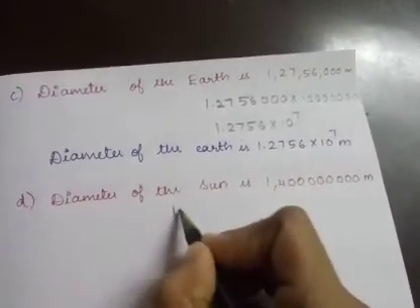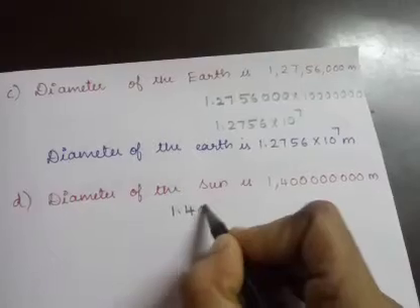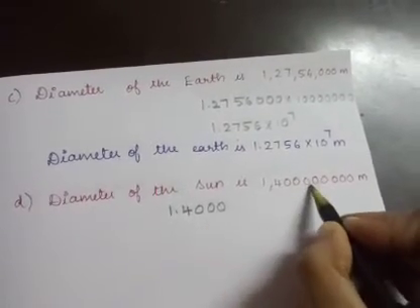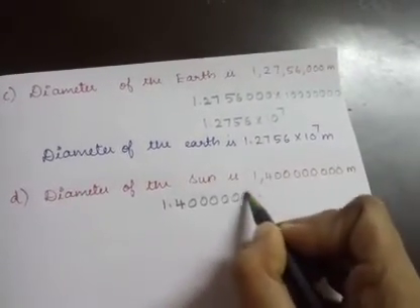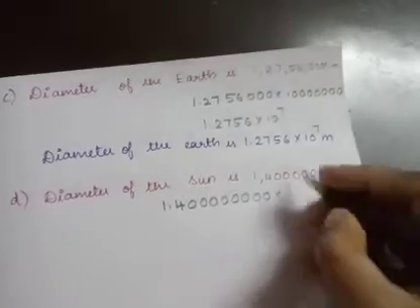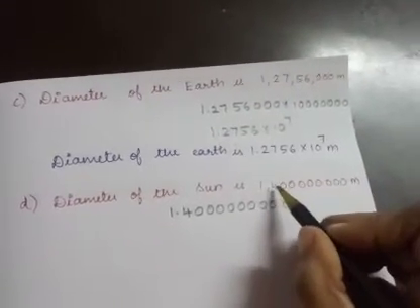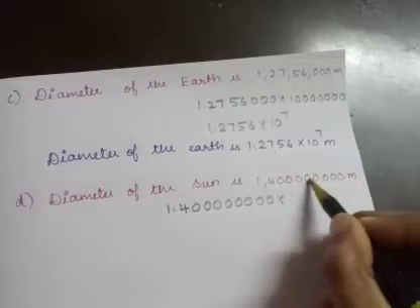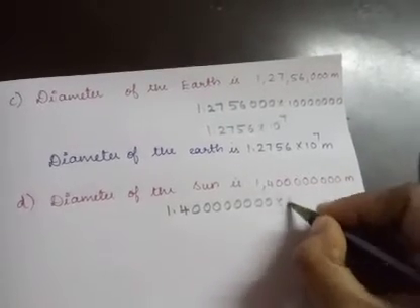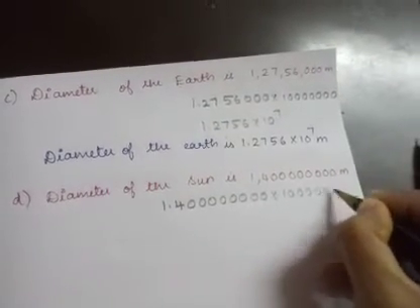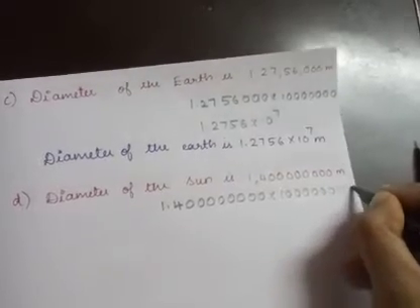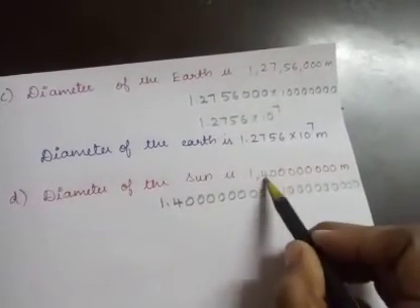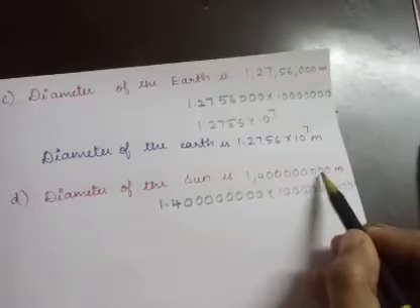So how do you write? 1.4 and then the zeros, into how many digits are there after the decimal point? 1 2 3 4 5 6 7 8 9.